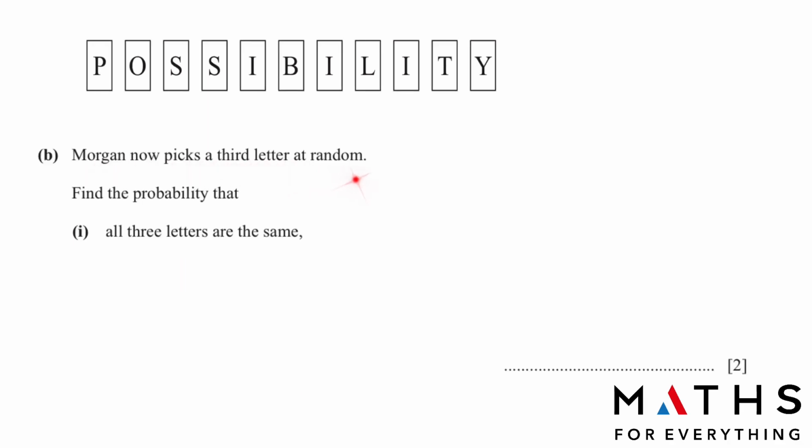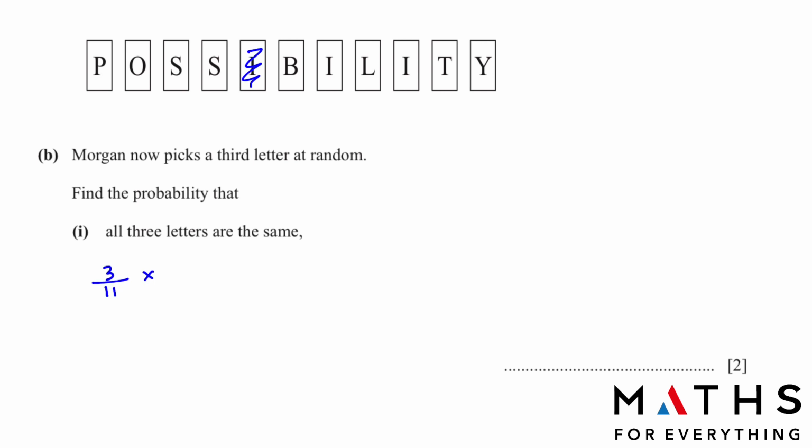Morgan now picks a third letter at random. Find the probability that all 3 letters are the same. 3 letters are only I, so that's the probability we are looking at. How many letters are there? 3 over the total 11.